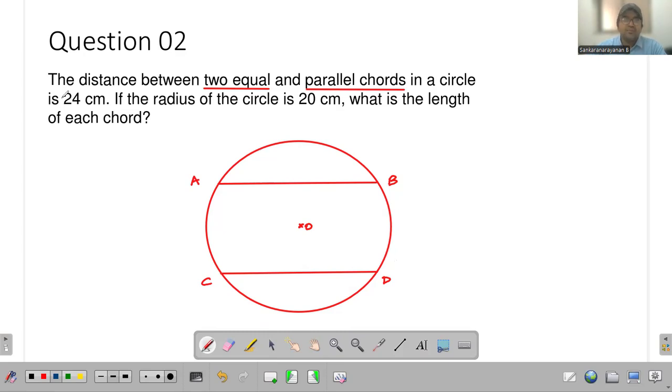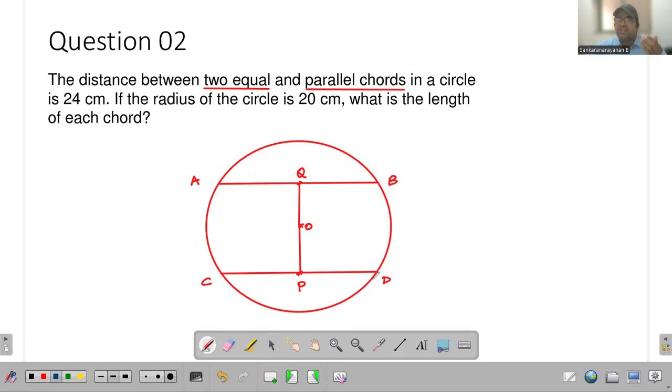Now, I'm dropping a perpendicular from O to CD, and also a perpendicular from O to AB. Let it meet CD at this point P, and AB at this point Q.